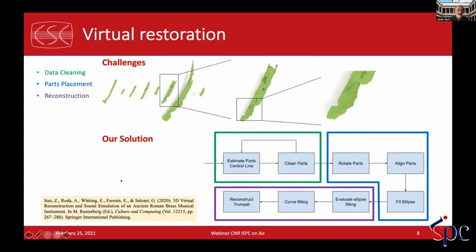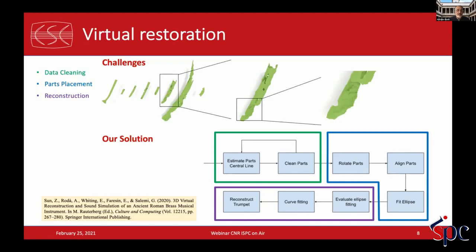The rough three-dimensional model presents several challenges because the parts are pretty damaged. There are many missing areas on it. Moreover, to reconstruct the entire instrument, we need to find a strategy to recombine the 8 pieces in a meaningful way.